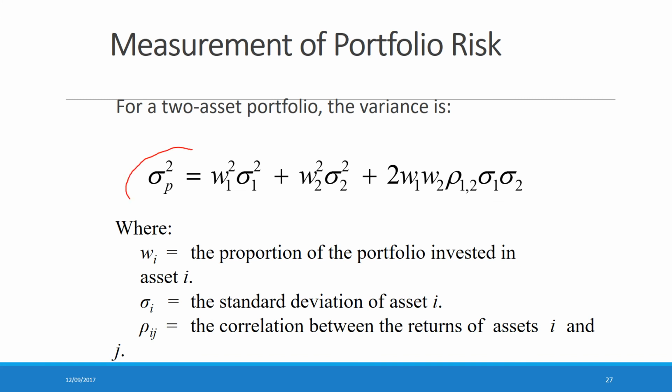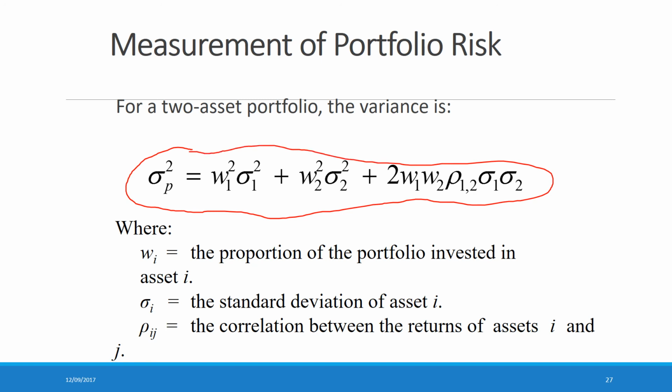So for a two-asset portfolio, this is how we measure the variance of the asset returns. The variance of the portfolio return is given by the weighted variance of the first asset plus the weighted variance of the second asset plus the weighted covariance of the two assets. So this is where the correlation of assets influences the variance of the portfolio.